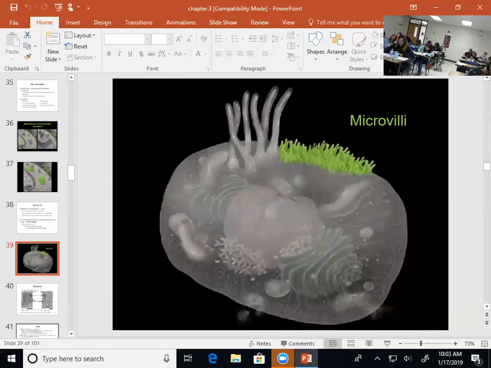Okay, what they are: projections or protrusions of the cytoplasm of the cell surface. Some cell surfaces are smooth, but a cell that has microvilli doesn't have a smooth top surface, does it? It has these areas that have these projections.